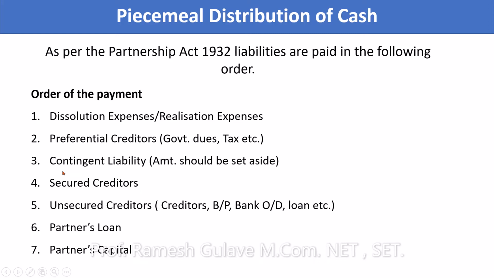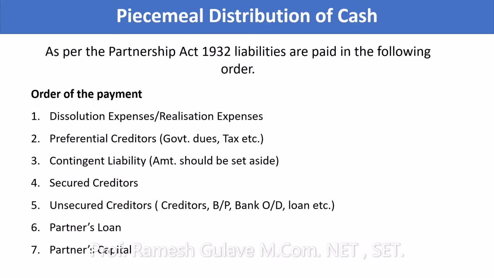Okay, so at this stage, secured creditors are paid, and at the next stage, the fifth stage, unsecured creditors are paid. Unsecured creditors include creditors, bills payable, bank overdraft, bank loan, loan taken from the partner's wife, etc. All these are considered unsecured creditors and paid accordingly. At the sixth number, partner's loan is repaid.